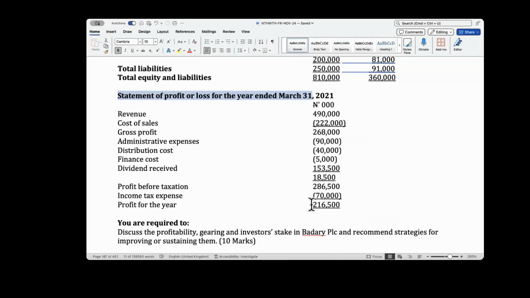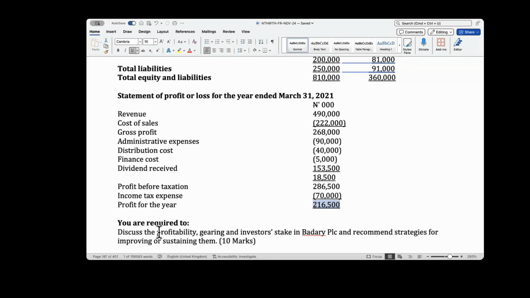I can see that it's making profits, but I don't know whether it's improving or declining because they didn't give me information about its profitability in the previous year. And also, they didn't give me maybe an industry average that I can compare with. So how do I do it? The only way I can achieve what I need to achieve is through ratios.